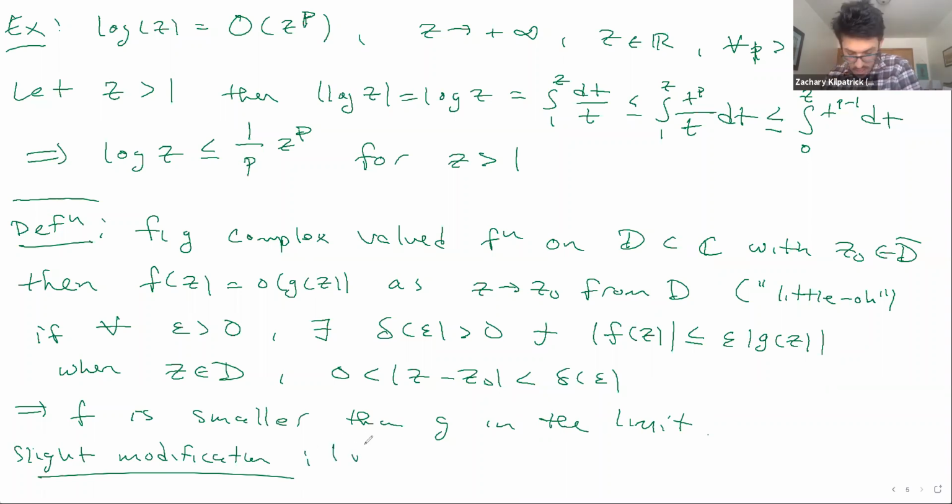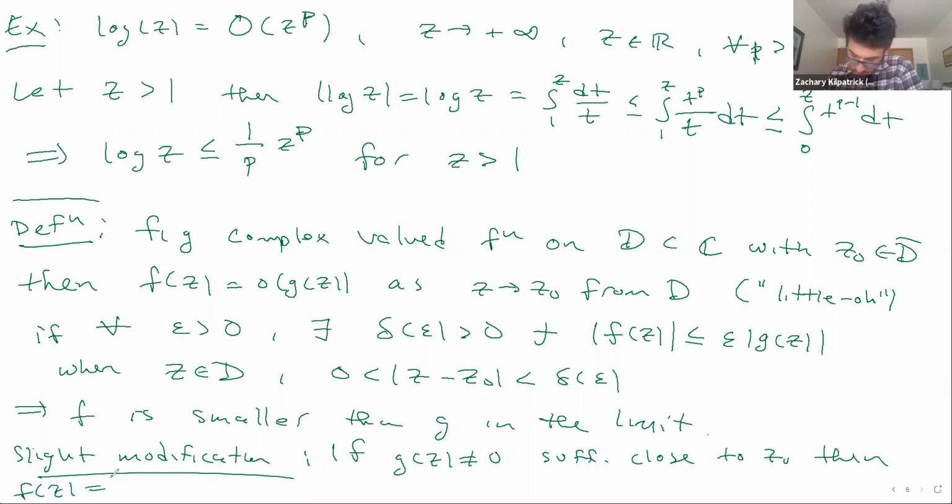And we can also say if g of z is not equal to 0, okay, sufficiently close to z0, then the following is true. f of z is equal to little o of g of z for z going to z0 and z being in D, okay?